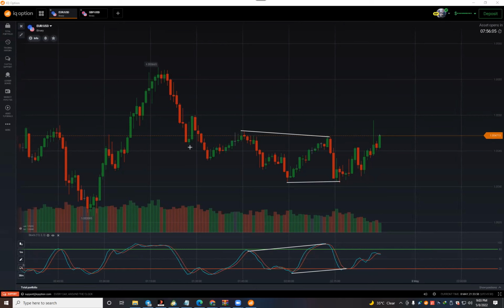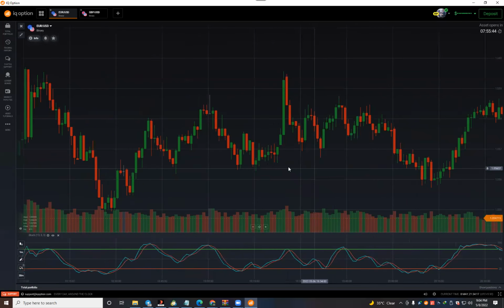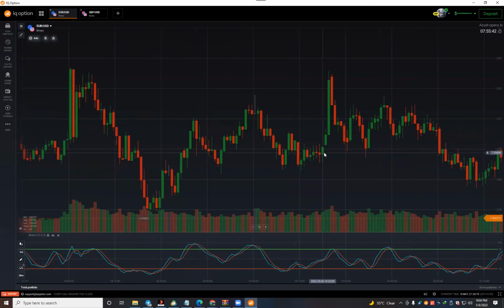Do you find any difference? Yes. The price is moving up for some 5 to 6 candles, for example. This is one kind of divergence. If you confirm the setup, if you filter the setup, you will find these divergences.